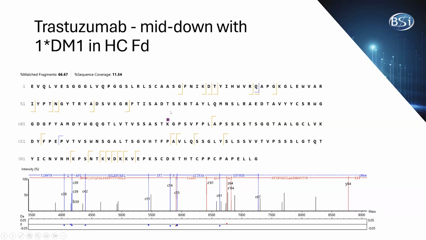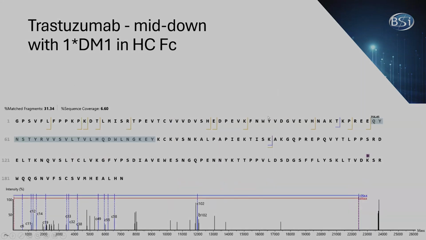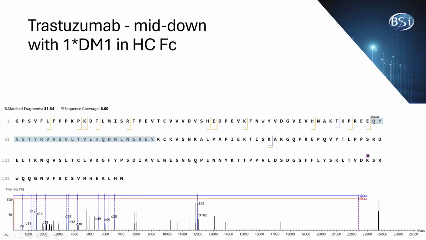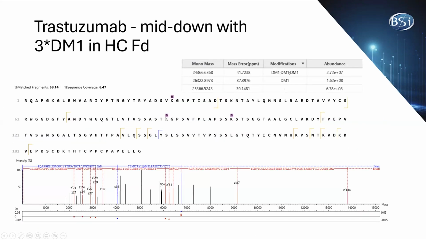But nonetheless, we were able to confirm a proteoform of the FD domain with one DM1 molecule conjugated to it, as well as the FC domain of the heavy chain with one conjugate associated. And then also we did see a fragment of the FD domain, which was predicted to have 3 DM1 molecules conjugated at various lysine residues.